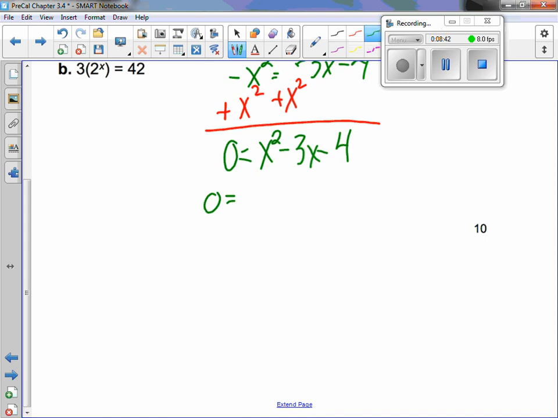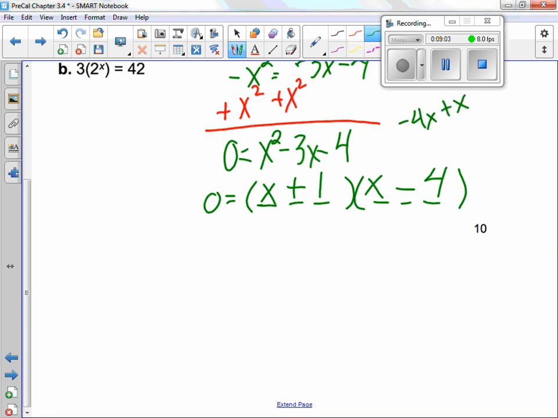Now if we factor it, well since 4 is negative, the signs are opposite. The factors of x squared would be x and x. Because x times negative 4 would be negative 4x, and 1 times x would be plus x, which gives us our negative 3x that we wanted.